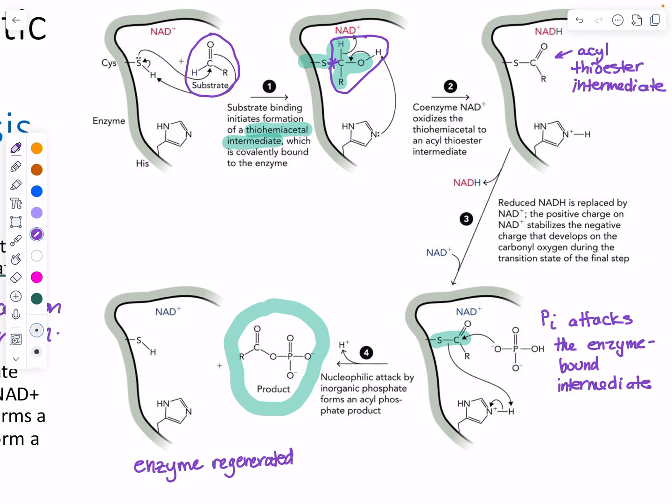And so things to notice that in addition, we've got this histidine in the active site that gets protonated throughout the course of the reaction, right? It grabs the hydroxyl proton over here, and then eventually it donates it back to help cleave that bond and release the product and regenerate the sulfhydryl that was on the cysteine in the active site that was involved in the acyl enzyme intermediate.